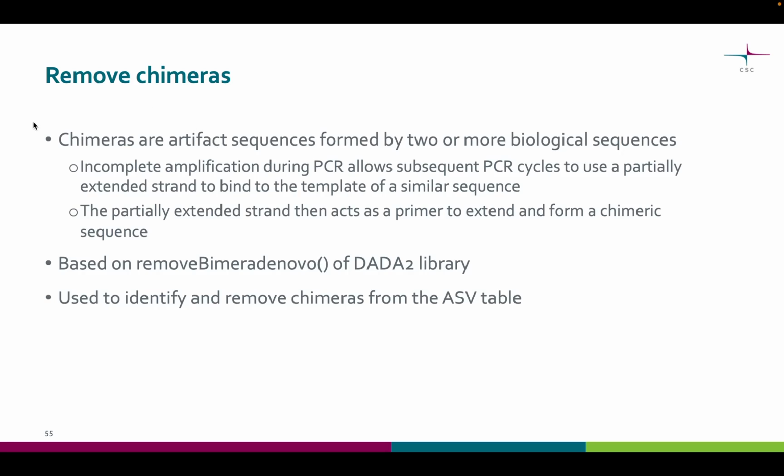Chimeras typically arise when an incomplete amplification during PCR allows the subsequent PCR cycles to use the partially extended strand to bind to the template of a similar sequence. That means the partially extended strand can act as a primer to extend and form a chimeric sequence.